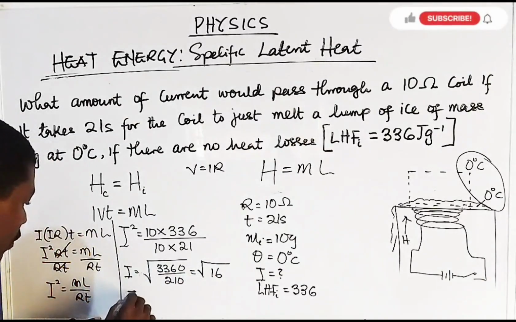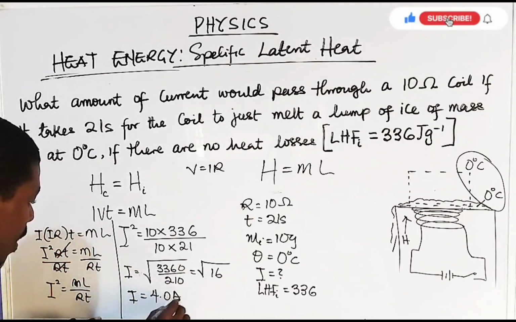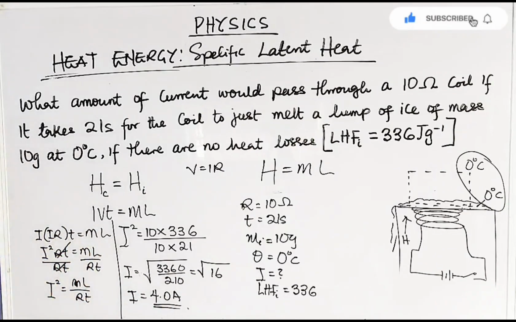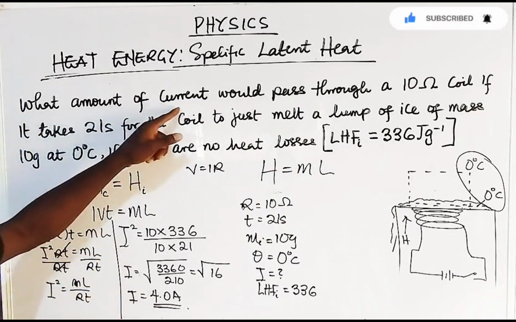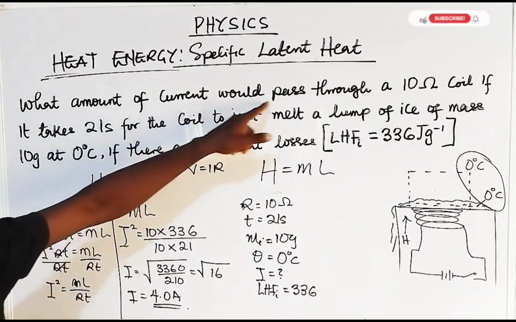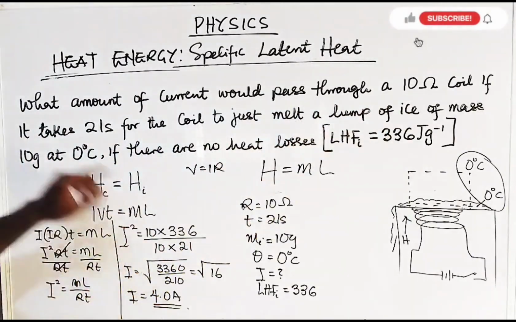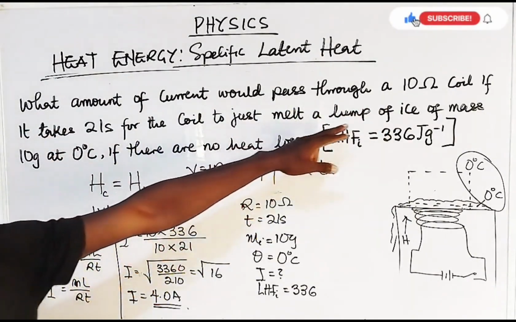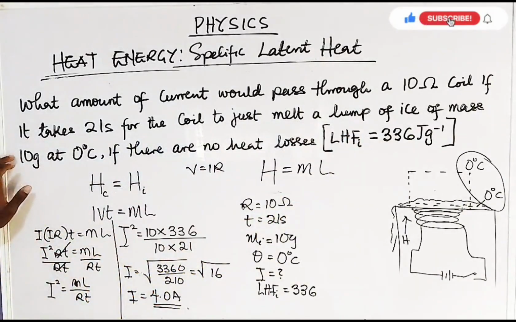So the square root of 16 is 4.0 amperes. So here is the amount of current that we needed to pass through this coil to melt the lump of ice of mass 10 gram at 0 degrees Celsius.